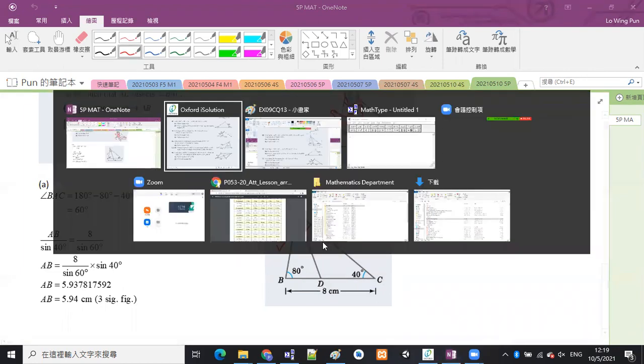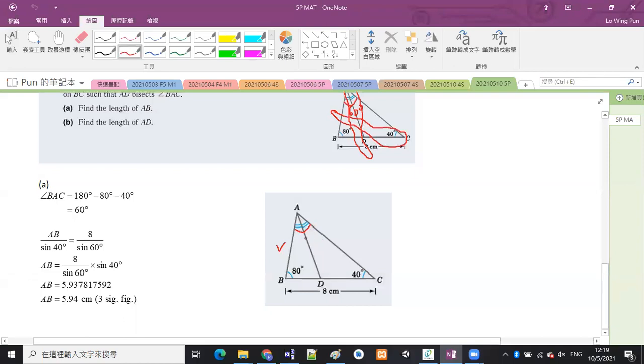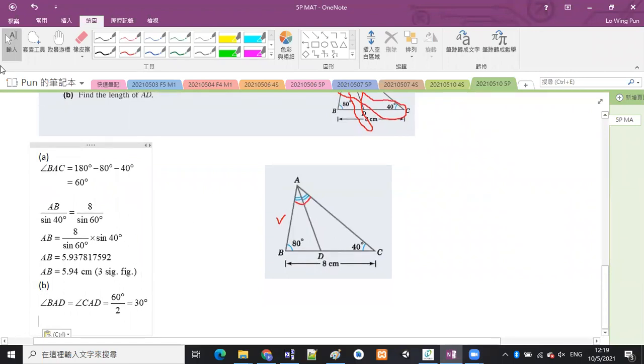Angle BAD is equal to angle CAD is equal to 60 degrees over 2, that is 30 degrees. And this is the beginning of part B. Now we have this to be 30 degrees, and the question asks us to find the length of AD.